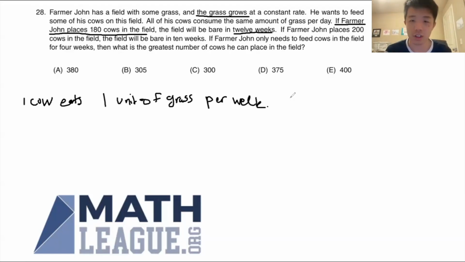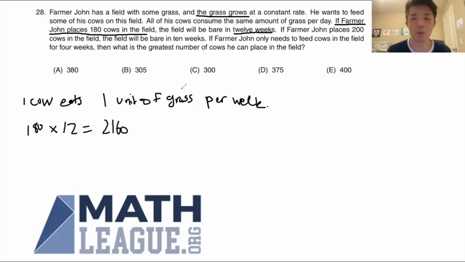This will make things very simple for us because we look at the problem and we see if Farmer John places 180 cows in the field, it will be bare in 12 weeks. What does that mean? It means that over the course of 12 weeks, the 180 cows will have eaten 180 times 12 equals 2,160 units of grass in this first scenario.